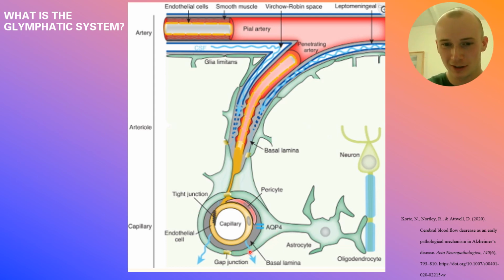So these astrocytic feet making up this channel have aquaporin 4s in them. And a porin is basically a pore or a hole that is going to allow the movement of a substance. In this case, it's water or cerebral spinal fluid.